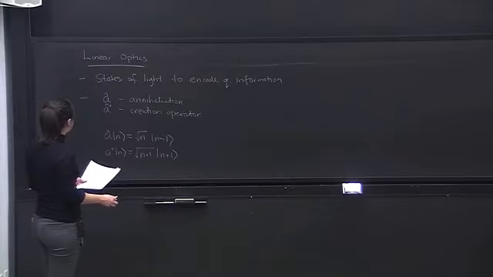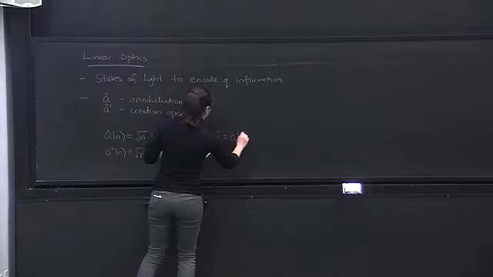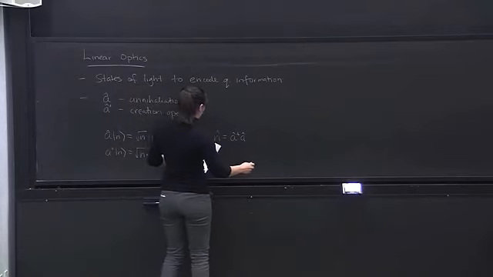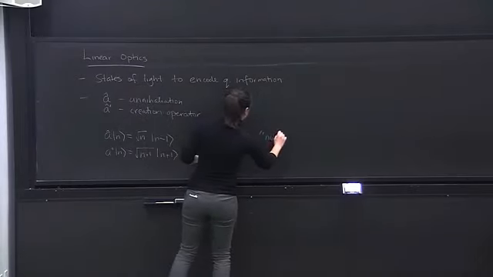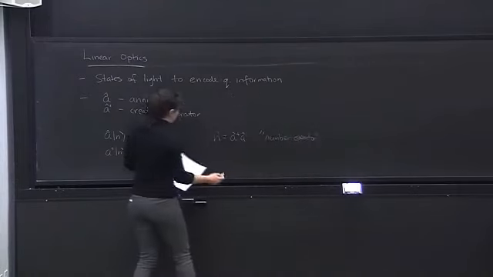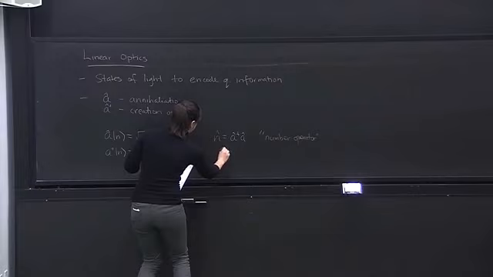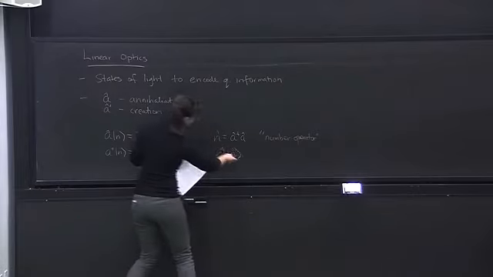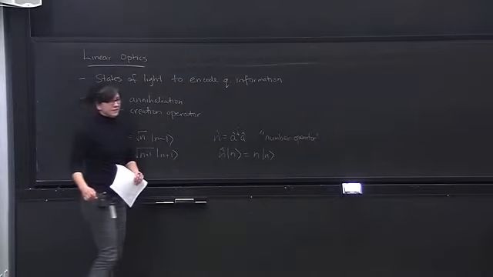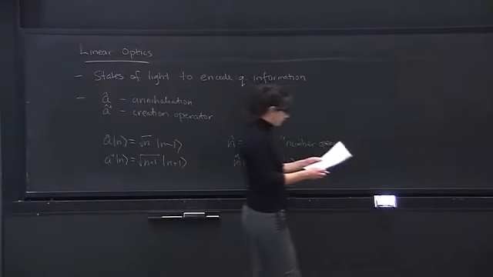Another useful thing to know is the number operator, which is given by A dagger A. The n photon Fock state is the eigenstate of the number operator, so it just gives us the same state with eigenvalue n, where n is the photon number.